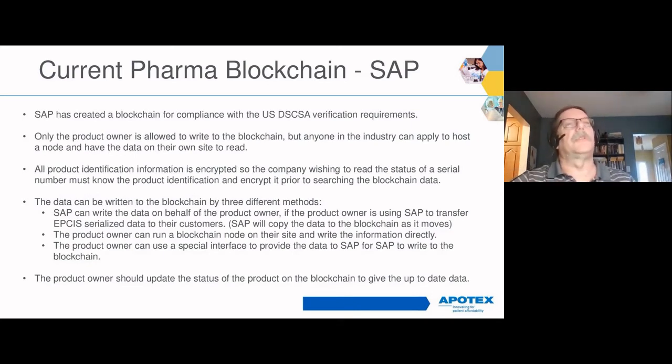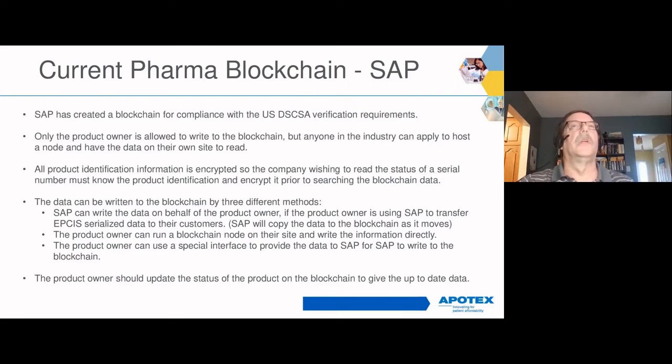SAP, which is a major software company in the world, has created a blockchain for the US track and trace requirements. Only the product owner, which is the company that's the marketing authorization holder of the product, is allowed to write data to the blockchain.